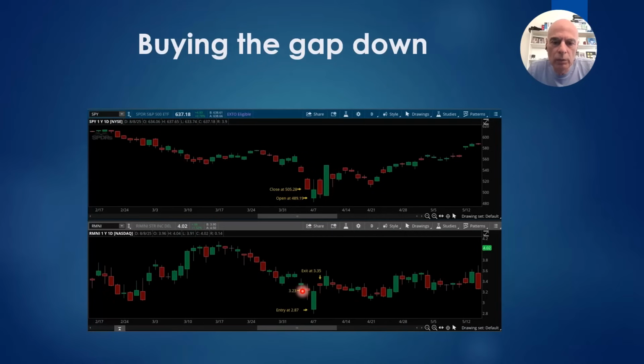And on April 7th, the same day that the SPY was gapping down, it got more than 5%. And this one was entered at the open at $2.7 per share. The strategy liquidated the position at the next day's open, which was at $3.35.